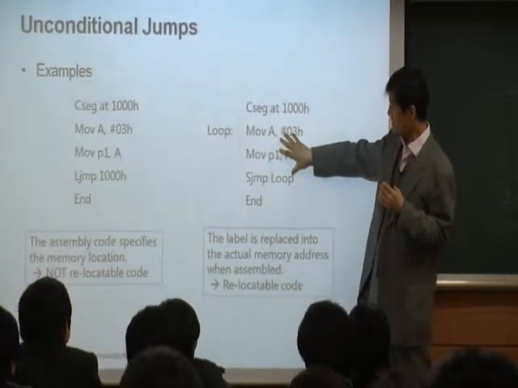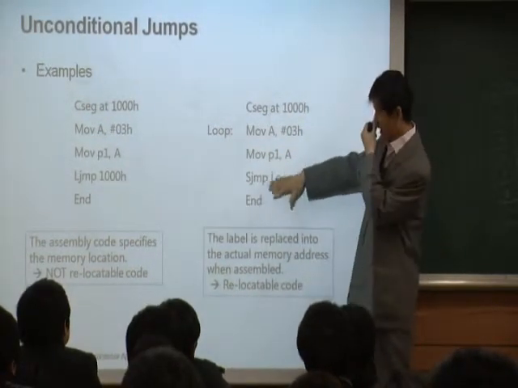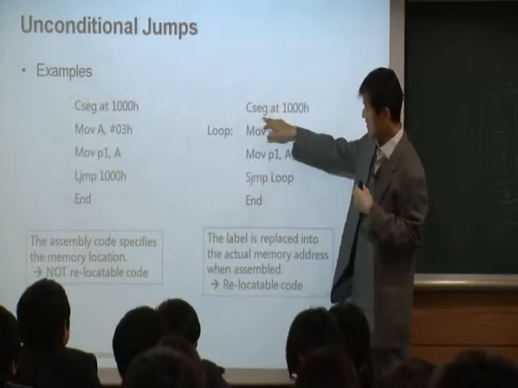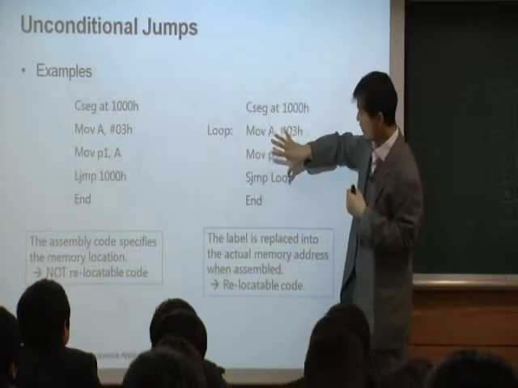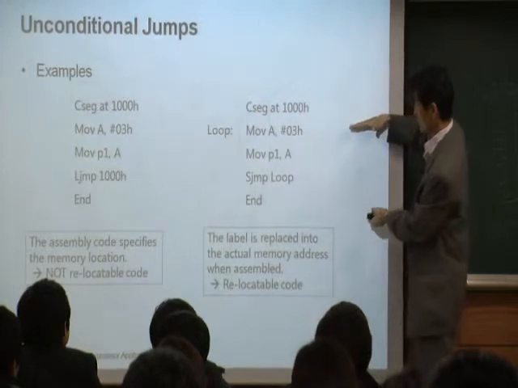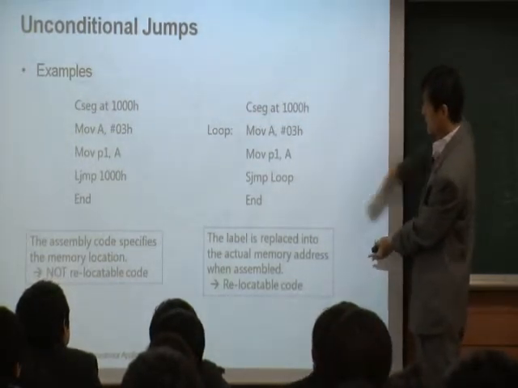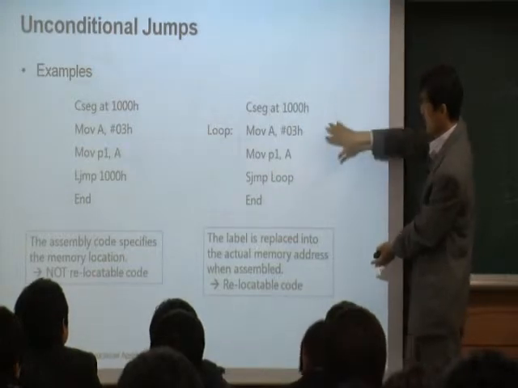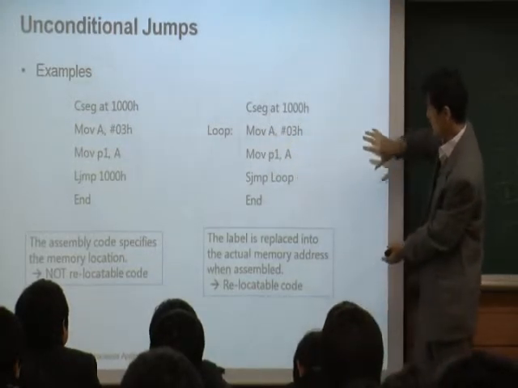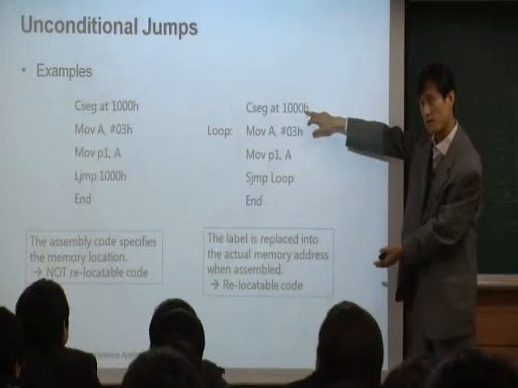Right now, this is my code, and by specifying these directives, I want to load this one into 1000H. I have a 64K address map, but out of this 64K address space, I want to locate this one at 1000H. That's what this means, right?